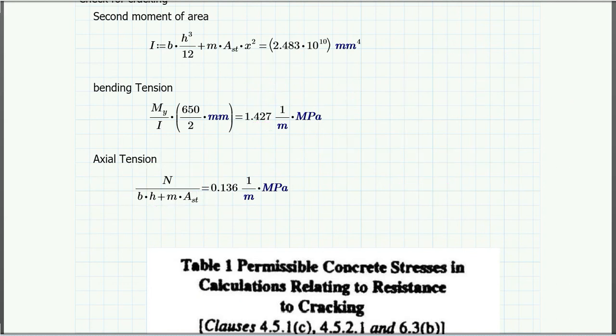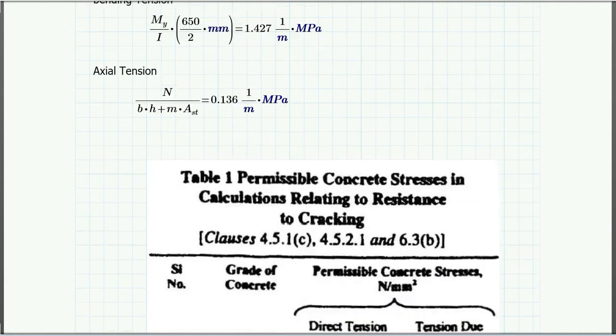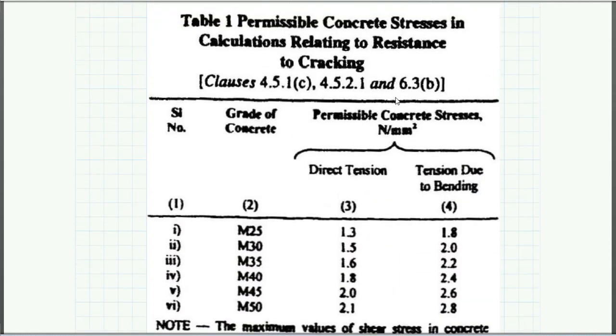So let's compare these values from Table 1. In Table 1 you can find the permissible concrete stress calculations related to resistance to cracking. For M25 concrete, for direct tension it is 1.3 MPa, and for tension due to bending it is 1.8 MPa.